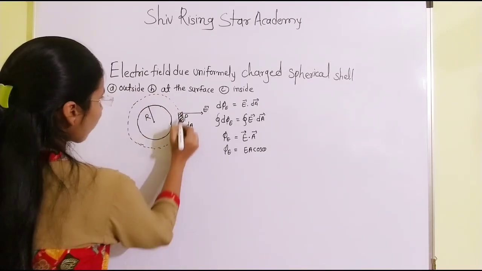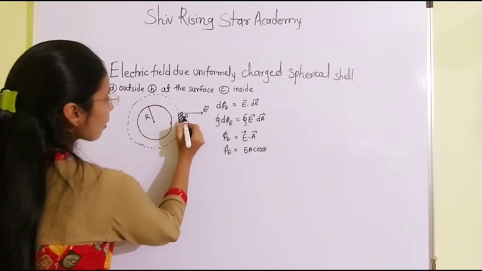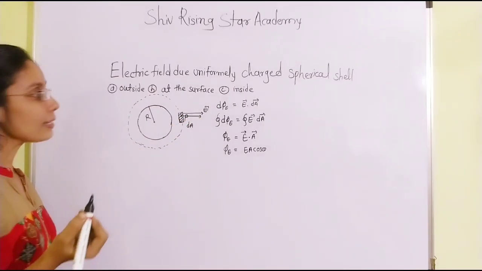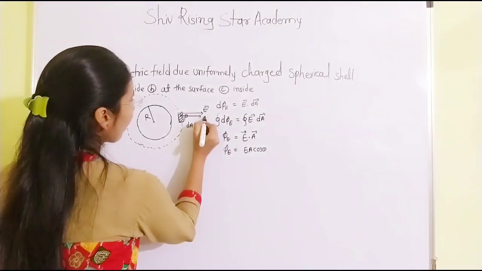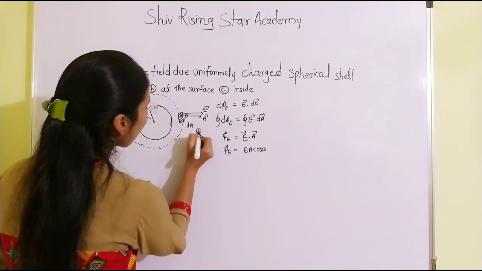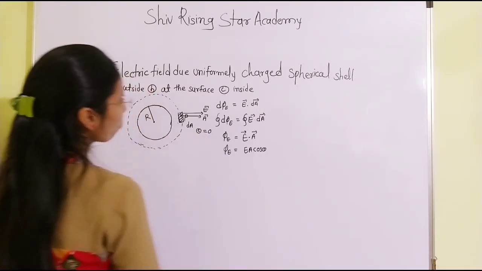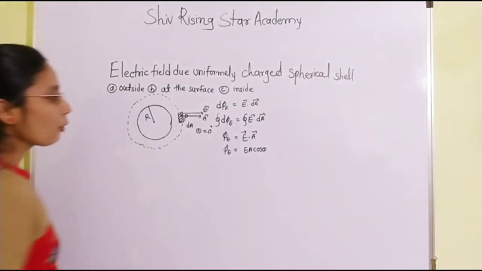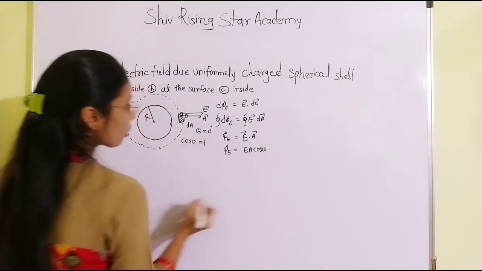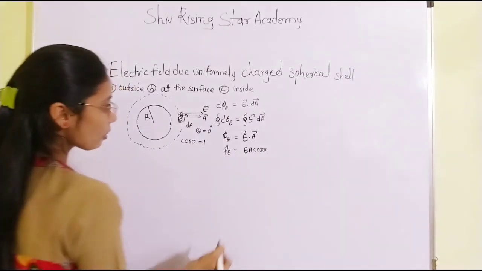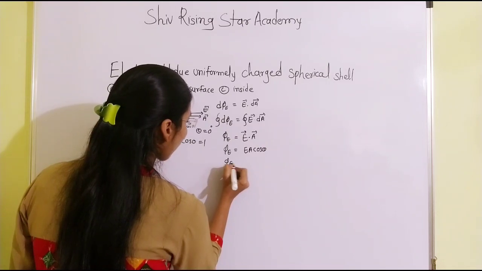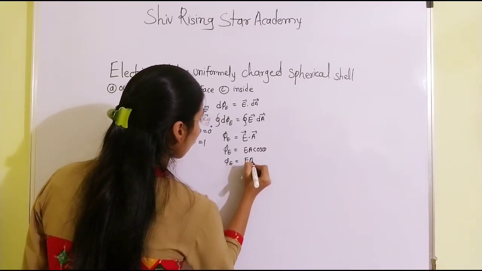So both are in the same direction, electric field and area vector. So the angle between them, theta, is 0 degrees, and we know that cos 0 is 1. So we can write phi E is equal to E into A.